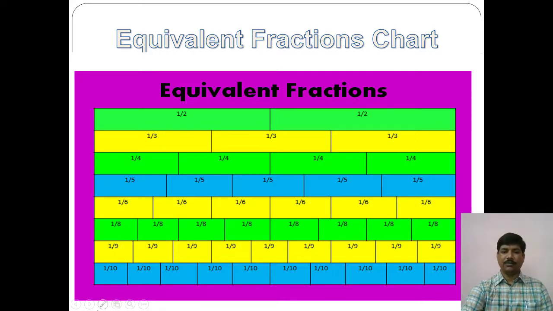The first strip is divided into two equal parts, the second strip into three equal parts, the third strip into four equal parts and so on. When a strip is divided into two parts, each part represents 1 by 2. If divided into three equal parts, one part represents 1 by 3 and so on.